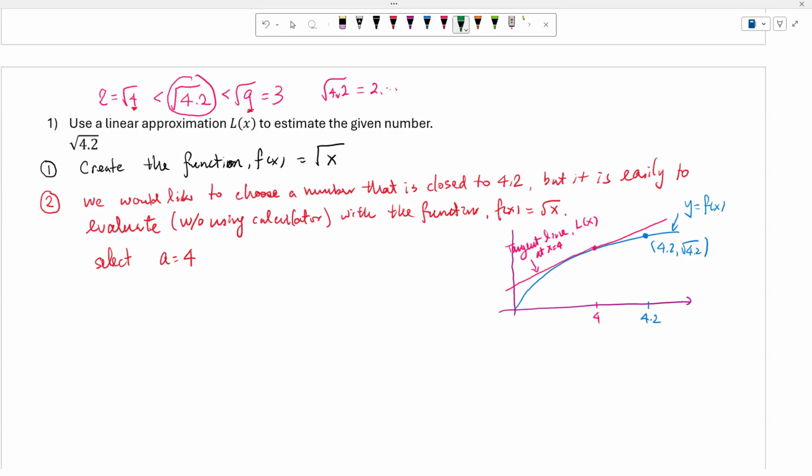Now step 3: we would like to find the tangent line at x equal to 4.